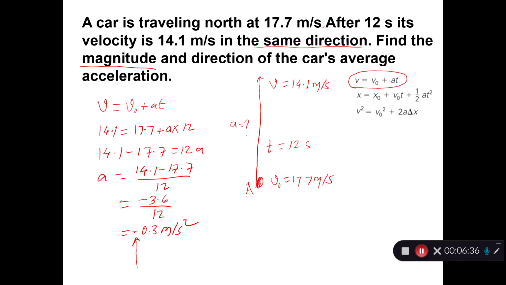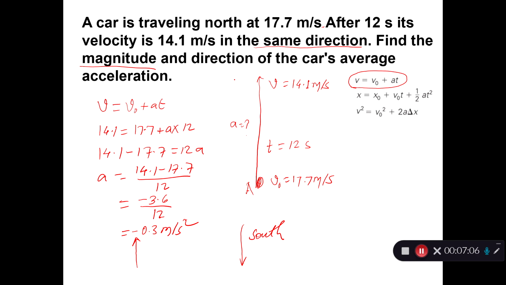I am choosing north as positive, so this negative means it is acting towards south. So the acceleration is acting in the south direction, opposite to the direction of velocity. So its magnitude is 0.3 meter per second square, and its direction is opposite to the direction of velocity, or along south.